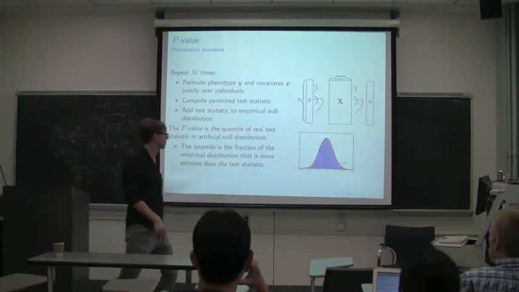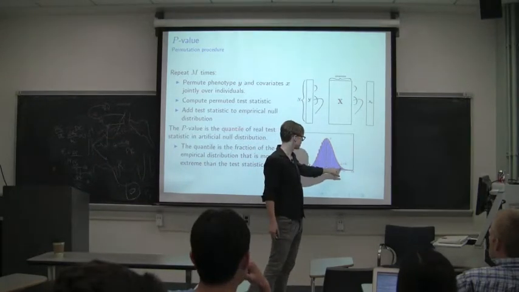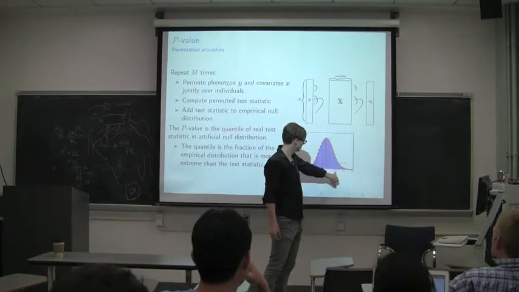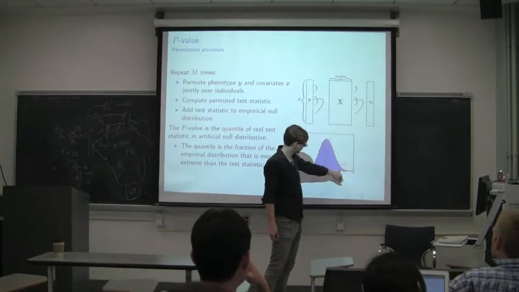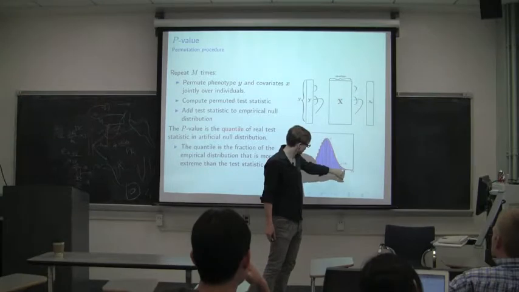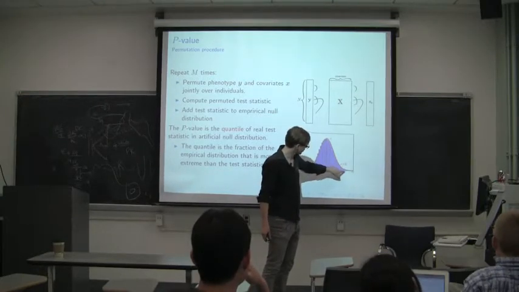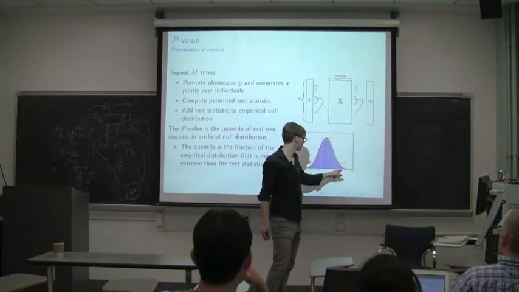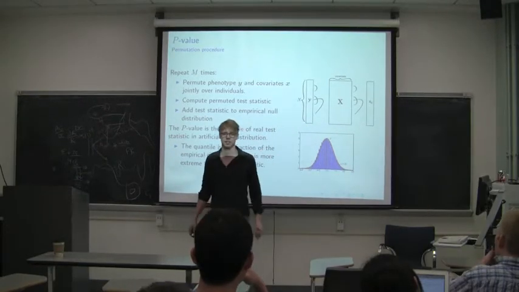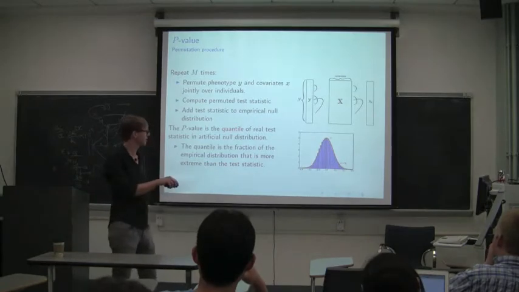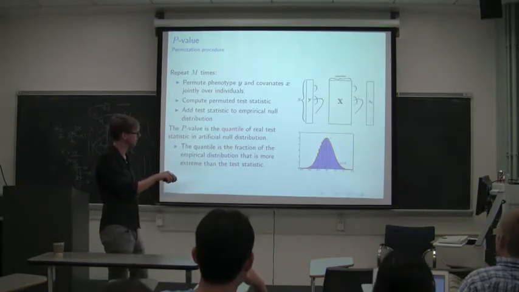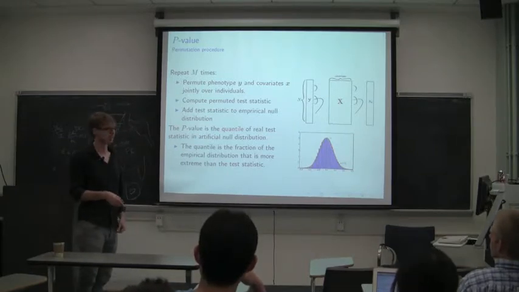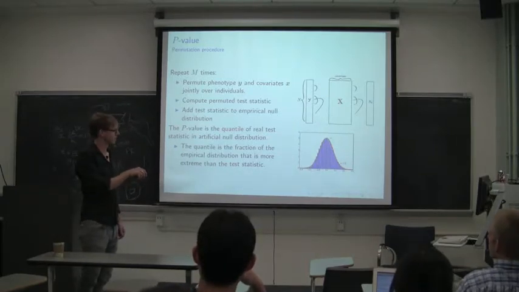If, for example, our real test statistic is 1.7 or whatever here, then basically we know that we observed that many larger values at random. So this tells us the area. Basically, we can now compute the integral here, where the integral is just an average over the whole thing.